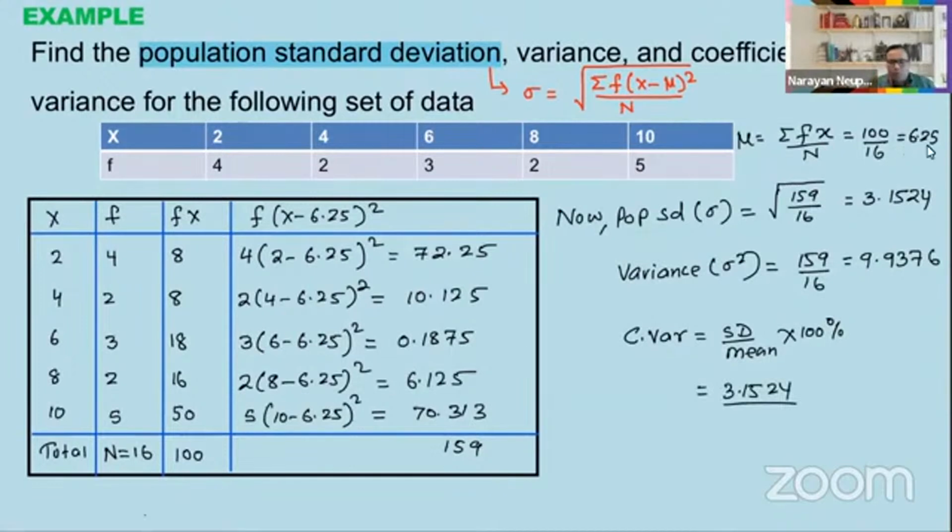Mean is up here, 6.25. Multiplied with 100 to get the percentage value. If you type it in your calculator, you should get 50.4384%. That is the coefficient of variance. That is the scatteredness coefficient, you can say.